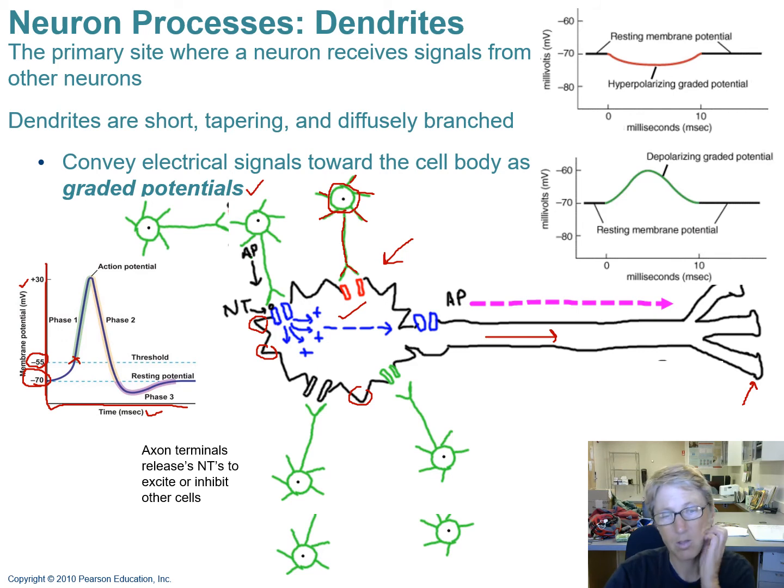So now let's look at this cartoon in a little bit more detail. We've talked about action potentials, but now we're going to talk about graded potentials. Here, this green neuron, here are its dendrites. This black dot is the nucleus of the green neuron. Here's the axon and the axon terminal of the green neuron.